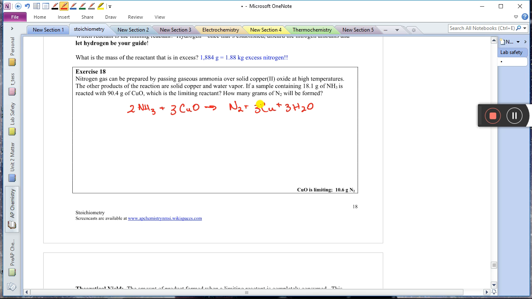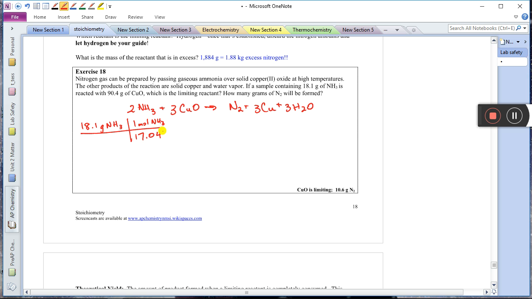So, first one, we've got our 18.1 grams of ammonia. What's our next step? Use our molar mass. What's our molar mass for ammonia? Try 17.03 or 17.04, depending on how you're rounding nitrogen.